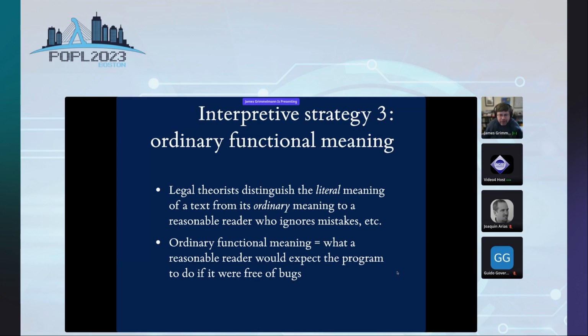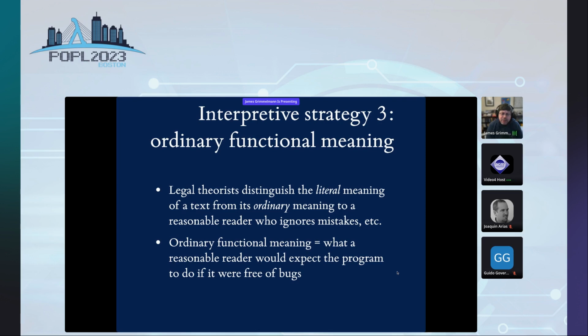The reasonable reader also ignores typos and obvious missing negatives. They can do a bunch of repairing automatically because they know that this text was not meant to say what it literally says. In a somewhat similar way, we could talk about ordinary functional meaning. What would a reasonable reader of this program expect it to do if it were bug-free?